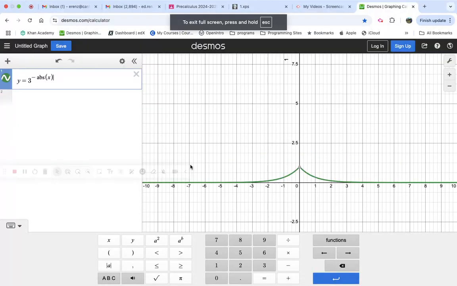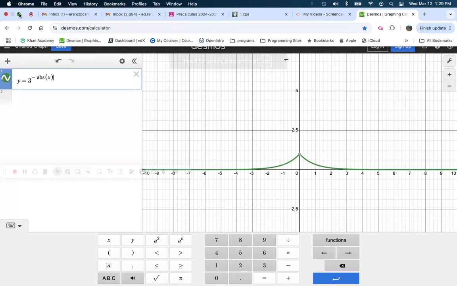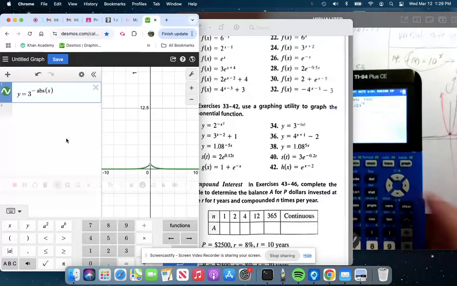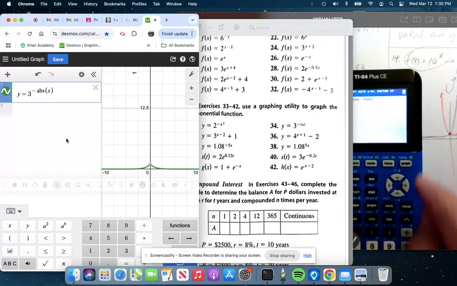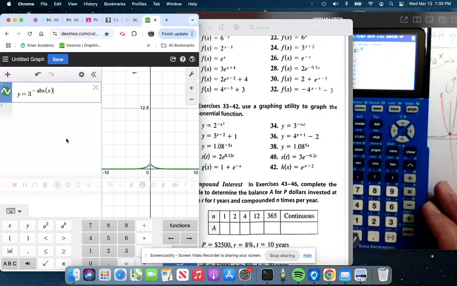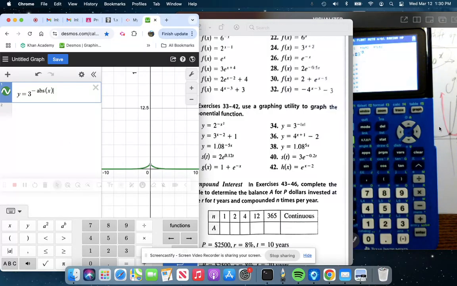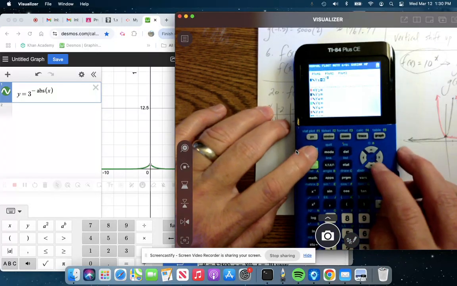It's the same way on your graphing calculator. So let me do it on there as well. So we're going to go into y equals, get rid of that, get rid of that. We want to do 3 raised to negative, remember negative's down here by the enter button.